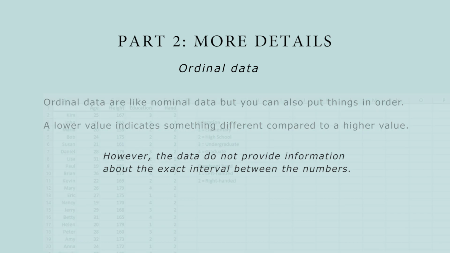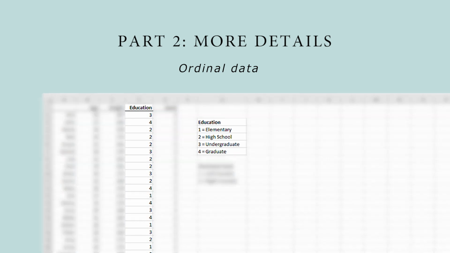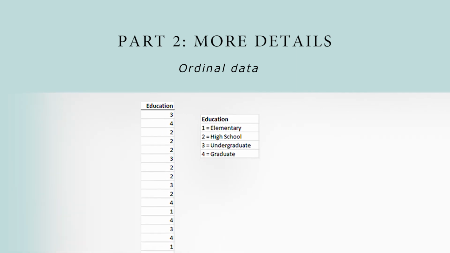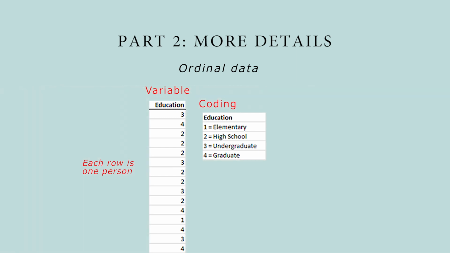Examples of ordinal data are numbers on a scale 1 to 4 that indicates people's educational backgrounds. A higher number means more of a particular property. However, the interval or the distance between the numbers doesn't make any sense.